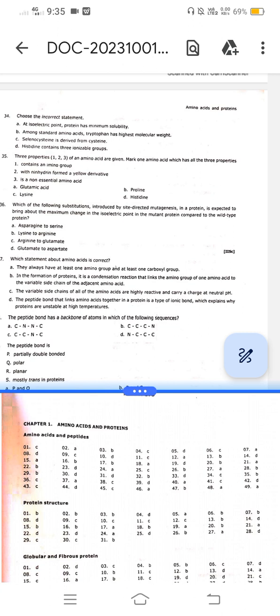Yeah, proline. Proline was correct because I remember spraying ninhydrin and getting a yellow color while performing chromatography with proline amino acid. So that's correct. Proline contains an amino group with ninhydrin formed a yellow derivative. Is a non-essential amino acid.